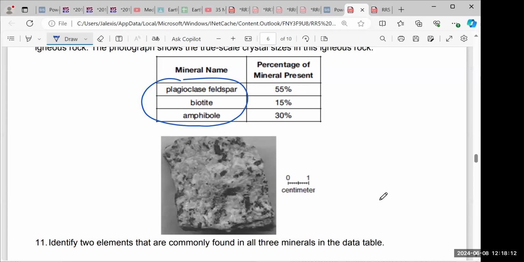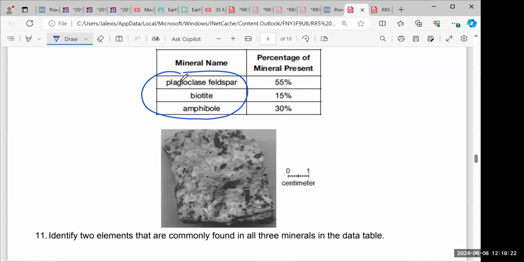I know that minerals are made up of elements, so I'm going to identify 2 elements that are in all 3 of these minerals.